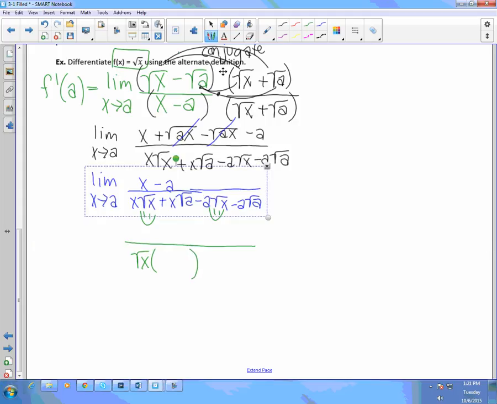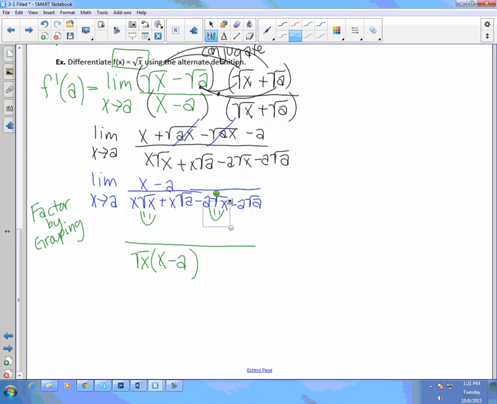When I factor out, this is like factoring by grouping. We have 4 terms, then we're factoring by grouping. Take the x in common, factor it out. It leaves us with x minus a.